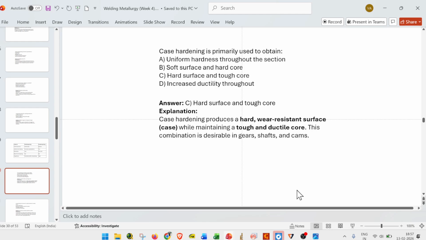How can we do that? One is that we can change the microstructure of the surface.